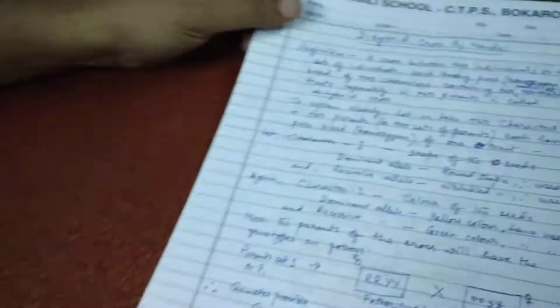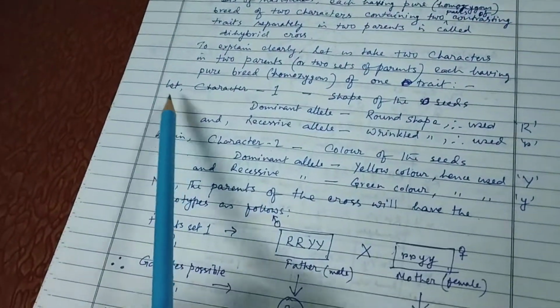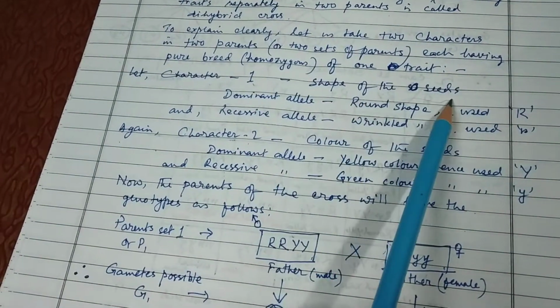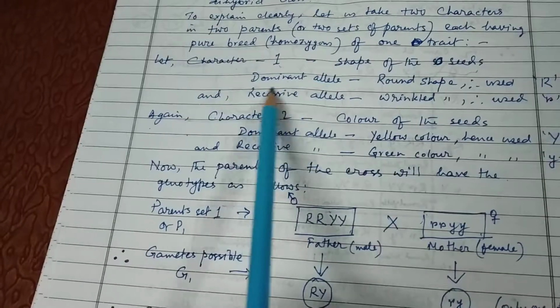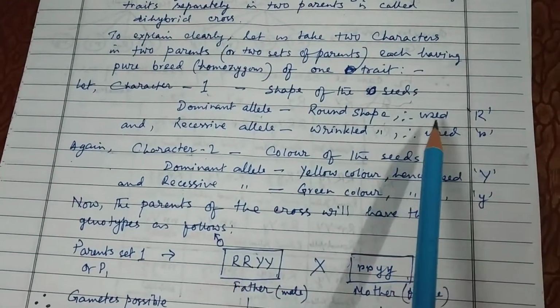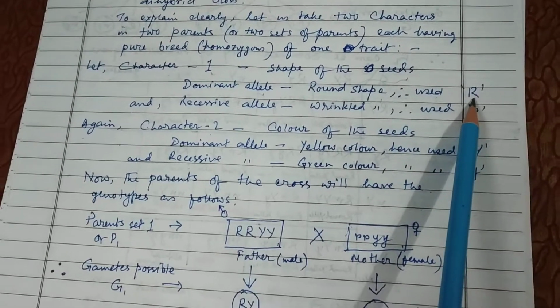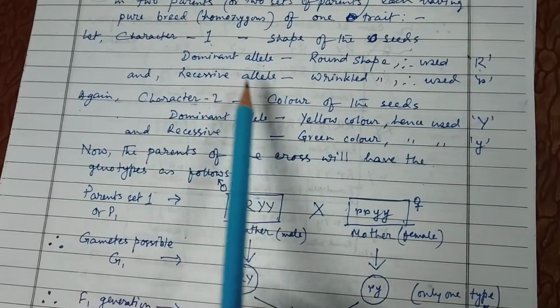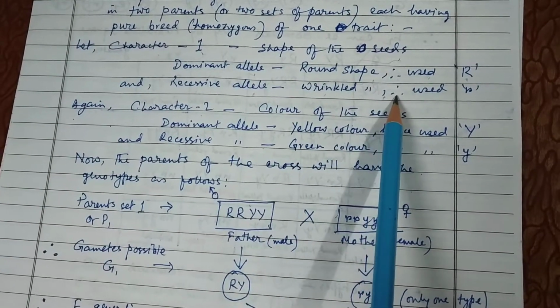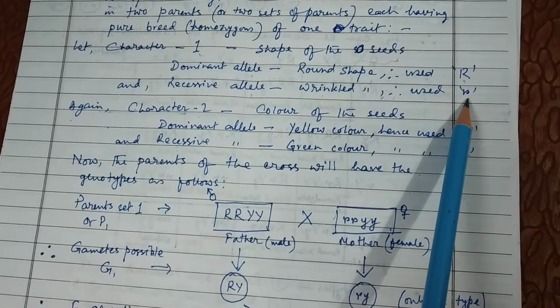Now let us focus on the cross and the workout of this. Look at that. Character 1, shape of the seed: dominant allele, round shape, therefore capital R. And recessive allele, wrinkled, therefore small r.